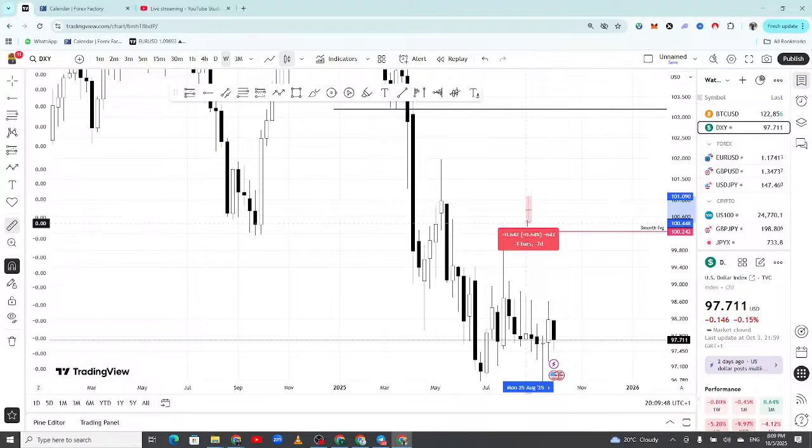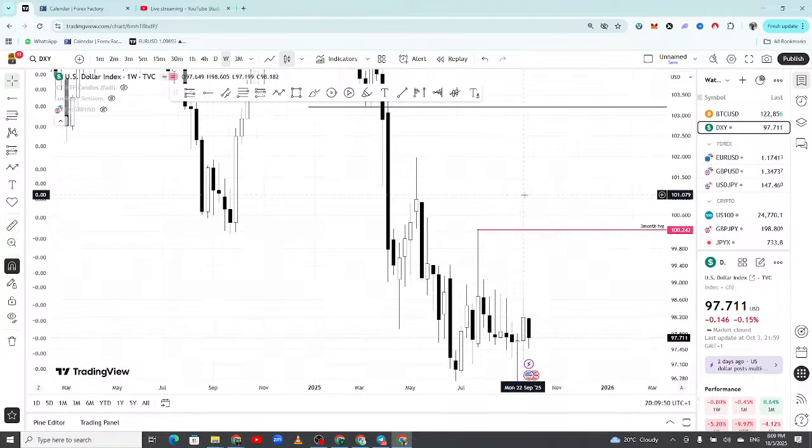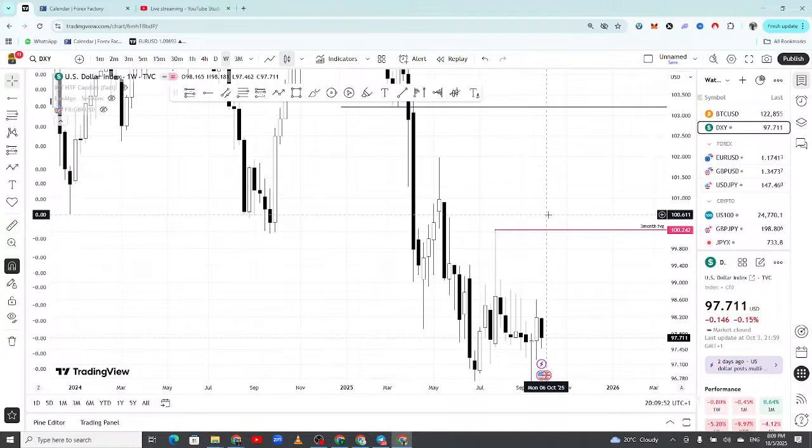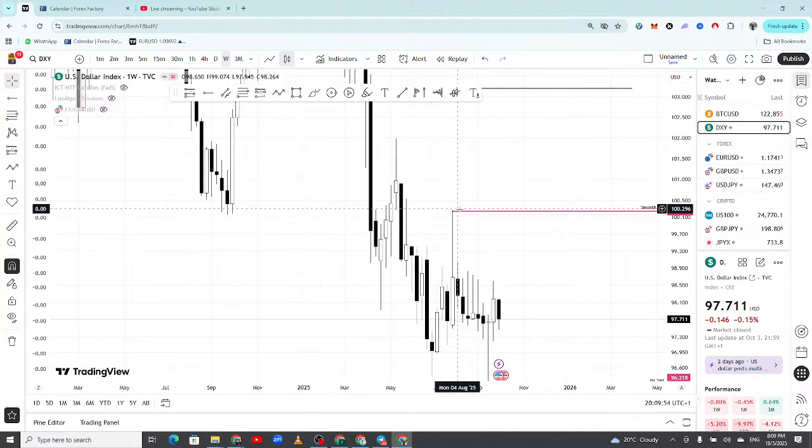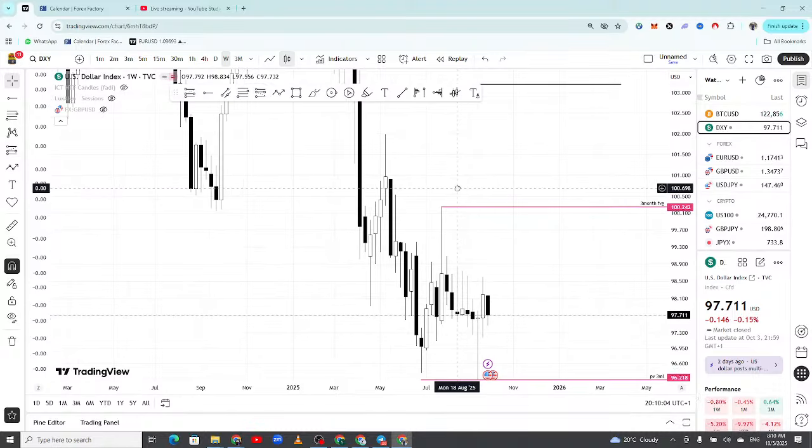Now, on the 3 months time frame, we have this high, which is our fair value gap. This particular fair value gap is very important, and the high looks very clean, so we can say that this is our buy side liquidity.